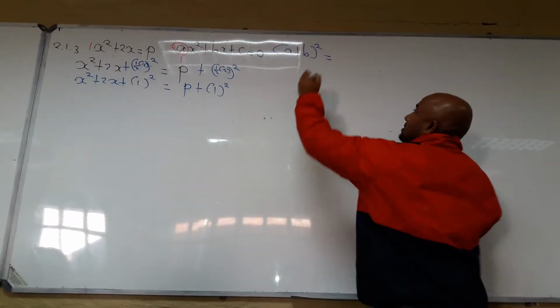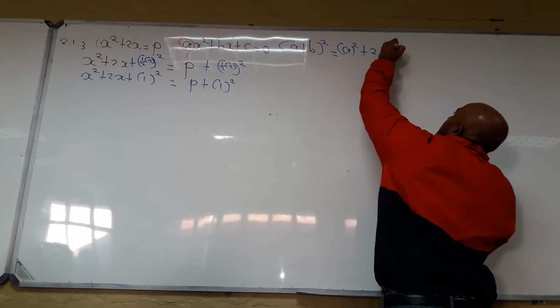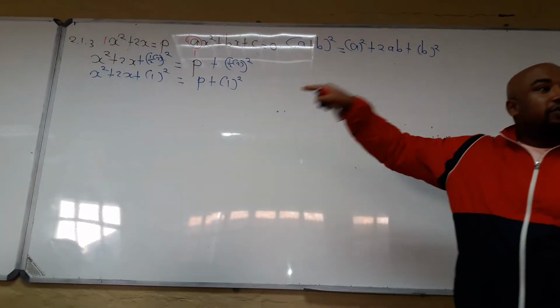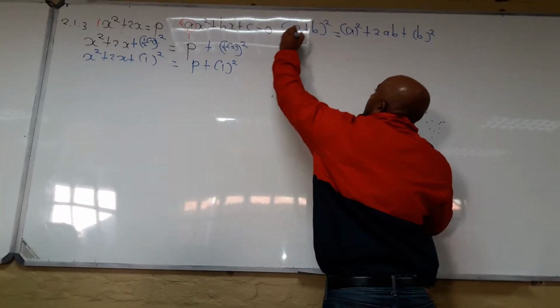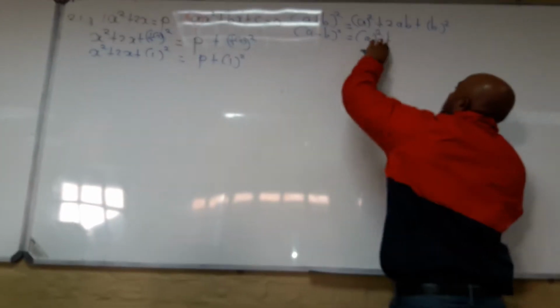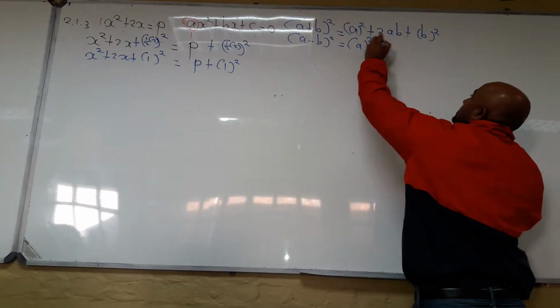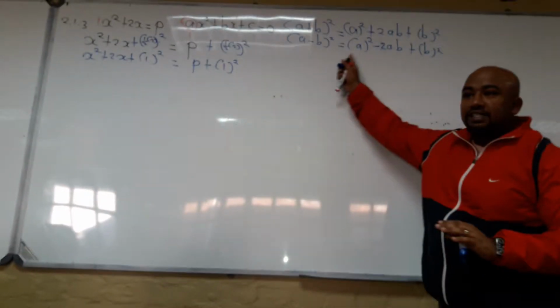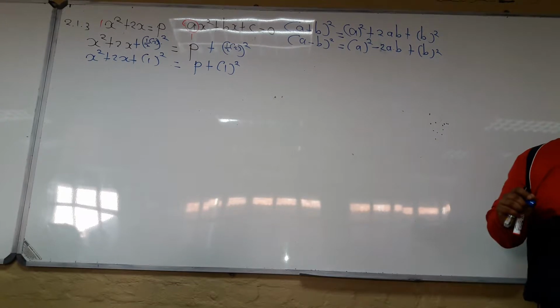So a plus b all squared is the same as a squared plus 2ab plus b squared. Or if the coefficient of x was a negative, then you would have a minus b all squared, which will be a squared minus 2ab plus b squared. The first term and the last term are always positive.